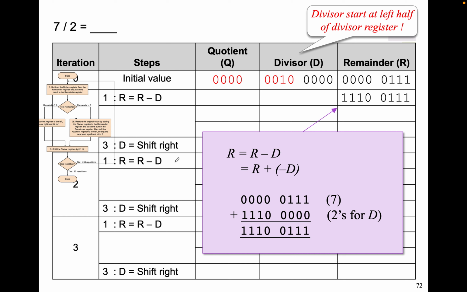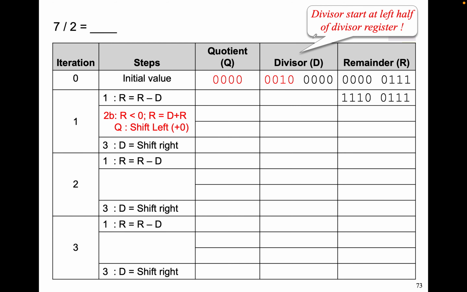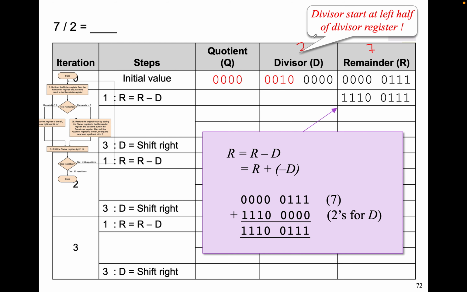But you can see also here, this is 7, this is 2, and you need to subtract, right? Remainder minus d. So the value will be more than 0. So why is it minus 2? Test whether remainder is less than 0 or more than 0.